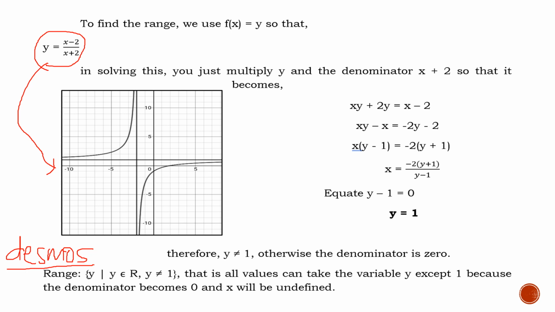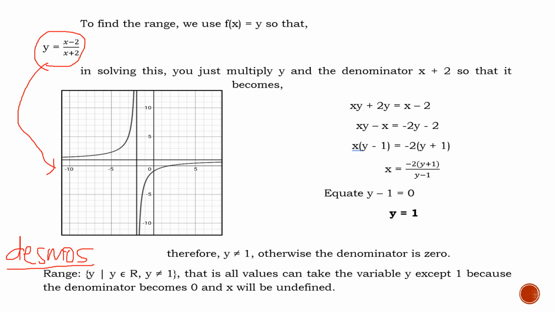It can be downloaded from your Play Store, your Google App Store. So please download Desmos. Then you just simply input this given rational function here, y is equal to x minus 2 over x plus 2. Then the application will graph your given function.